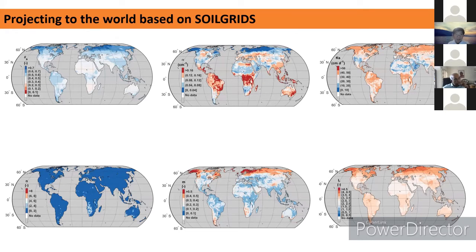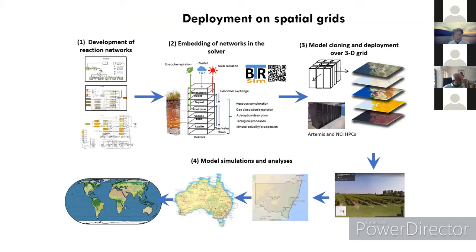So what's the use of that? So that we can run simulation models, right? We can run mechanistic models all over the world, of course at very coarse resolution, at 10-kilometer resolution. But we want to simulate what the water content condition is going to be, what the effect of drought is, and what the effect of projection is, right?